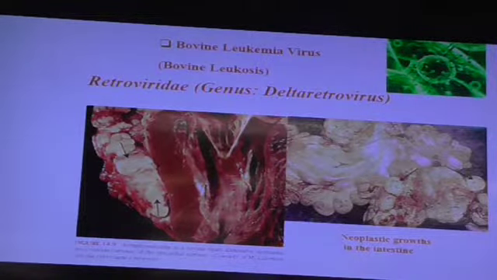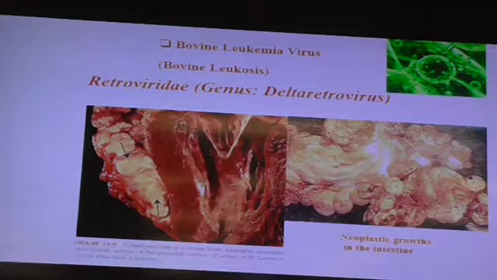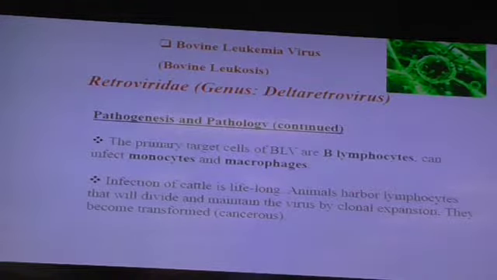This is showing the lymphosarcomas in the heart muscle, and showing the neoplastic growth, representing lymphosarcomas also in the intestine, among other organs. So the primary target is B lymphocytes.